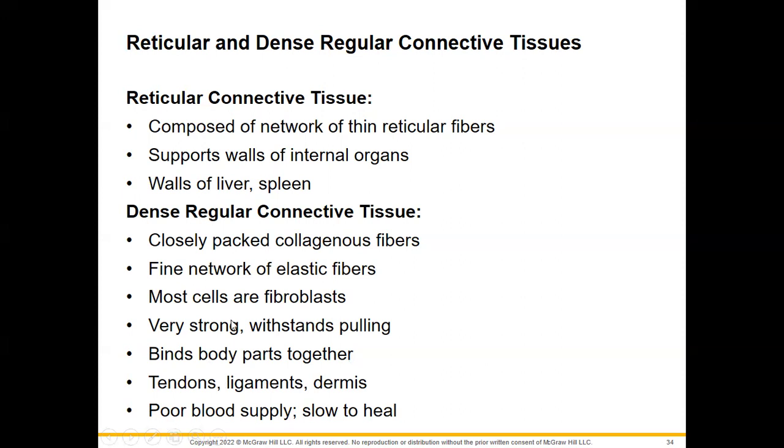Now, I talked about connective tissue generally having a very good blood supply, so it can help to nourish the epithelial tissue that is associated with it. The part of connective tissue that is not well supplied with blood, that has a poor blood supply, is this dense regular connective tissue.